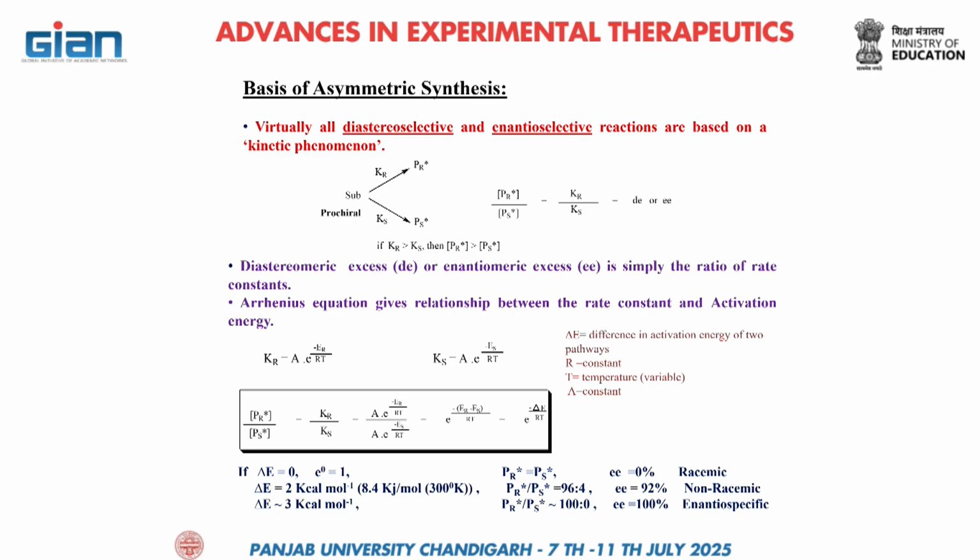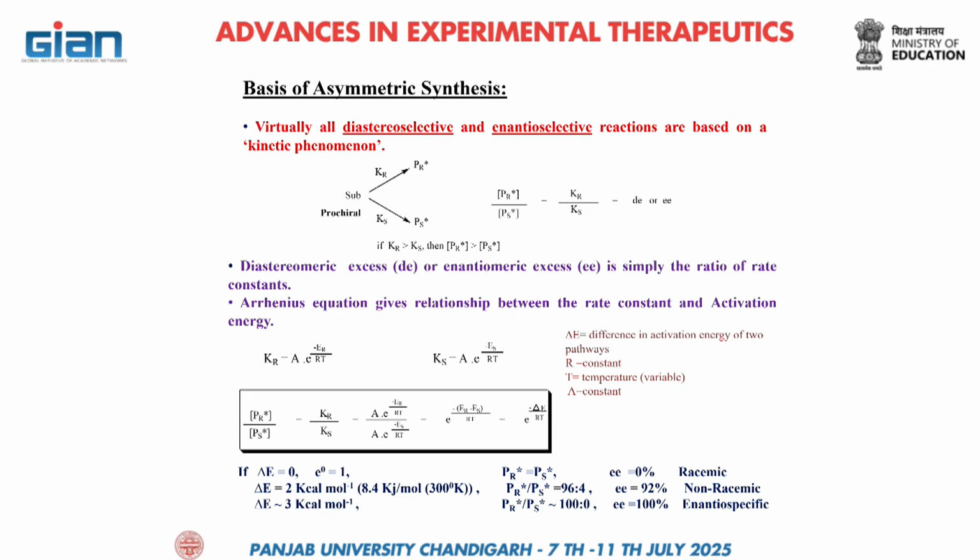So, in this whole scenario, the difference which you have to create is with respect to activation energy. Okay. So, if your change is 0, for example, say in a simple way, 5 kilojoule energy is required for both enantiomers. You provide the 5 kilojoule, 50% you will get each.